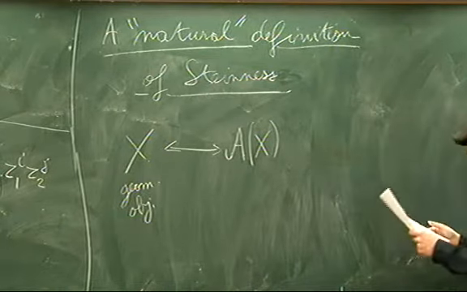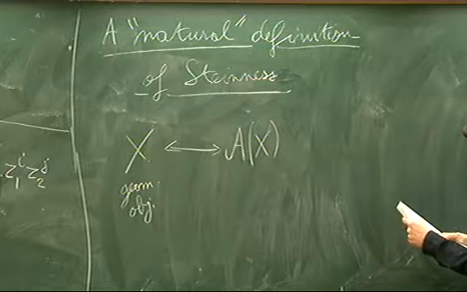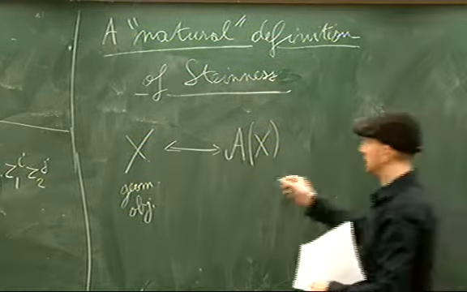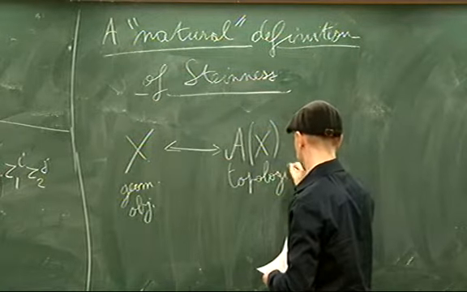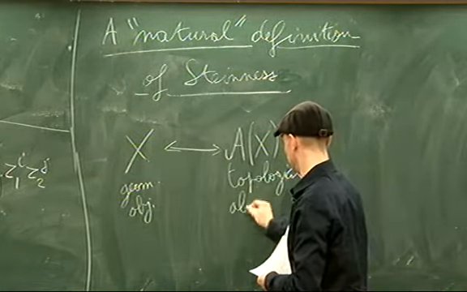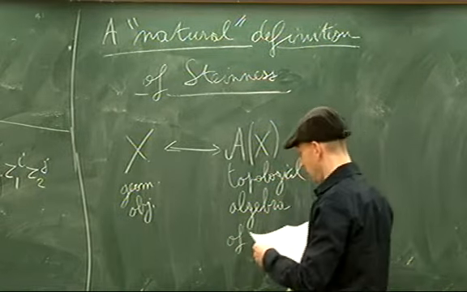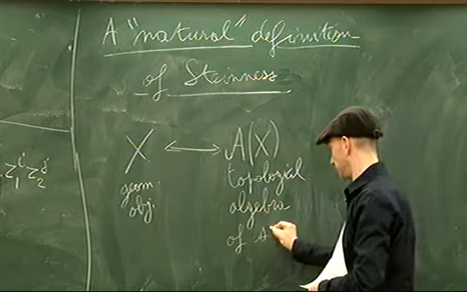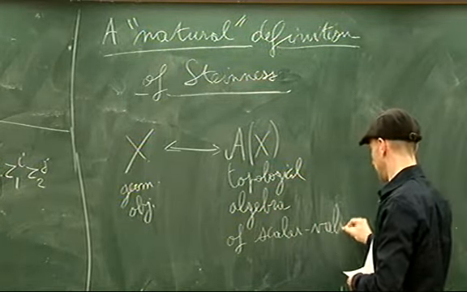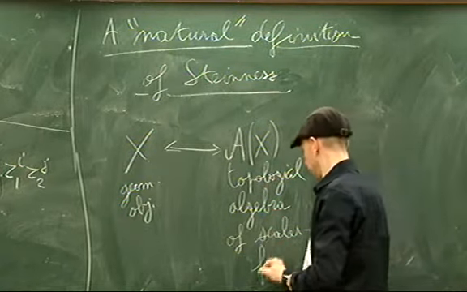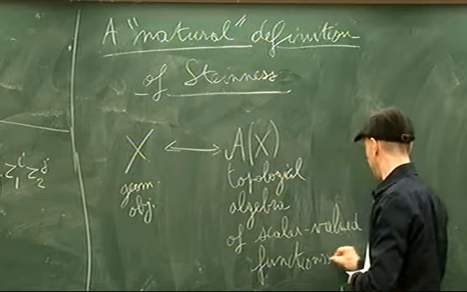Let me give you a few examples. This is a topological algebra of scalar valued functions. I want to insist that these are scalar valued functions.